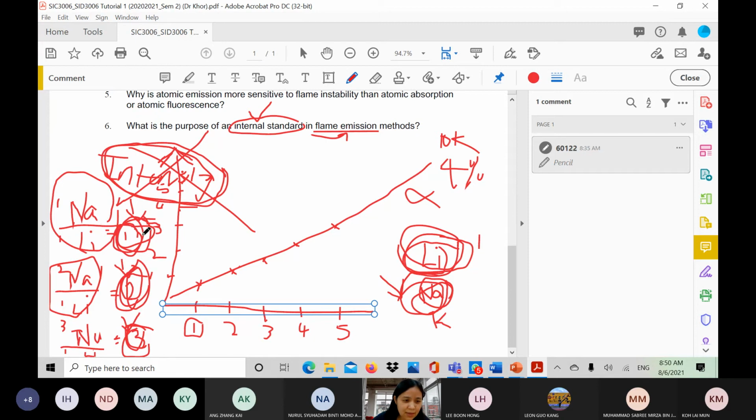For 1 ppm, it should be 1. For 2 ppm concentration of our target analyte, the constant should be 2. For 3 ppm, it should be 3. For example, at 1 ppm, you get the intensity 1, 2, 3, 4, accordingly. So in what kind of situation will this ratio intensity constant be changed? A simple question.